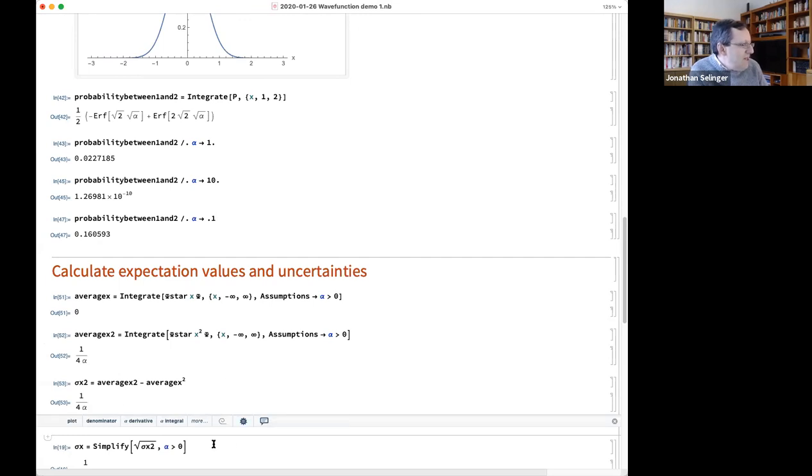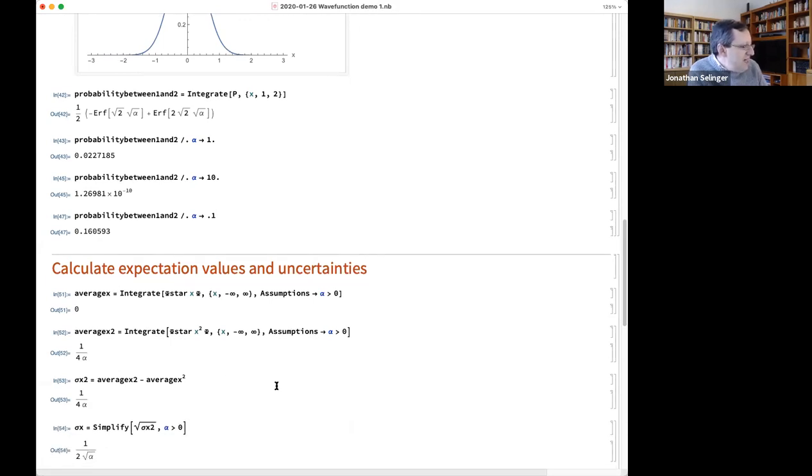The standard deviation, that is to say, the uncertainty in X, how broad the distribution is, is the square root of the variance. So 1/2 root alpha. It says that when alpha is big, there's a really small variance.